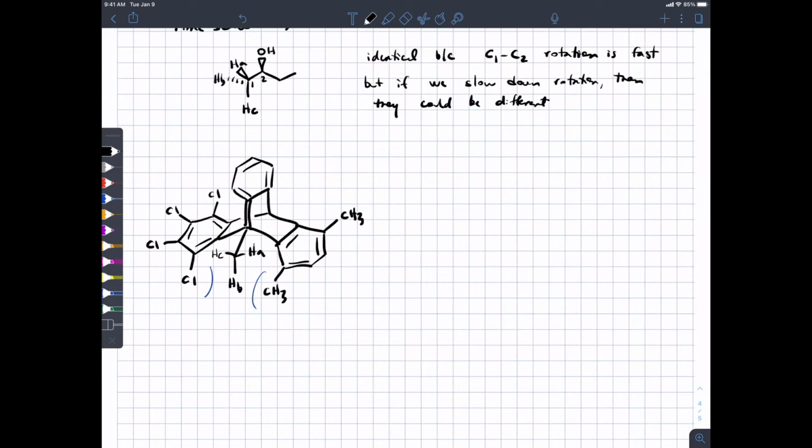But these folks had to cool it down to minus 90 degrees Celsius, and then they were different. So at minus 90 degrees Celsius, you actually see 3 NMR signals for the methyl group, indicating that those methyl protons are now diastereotopic. They're different from each other.